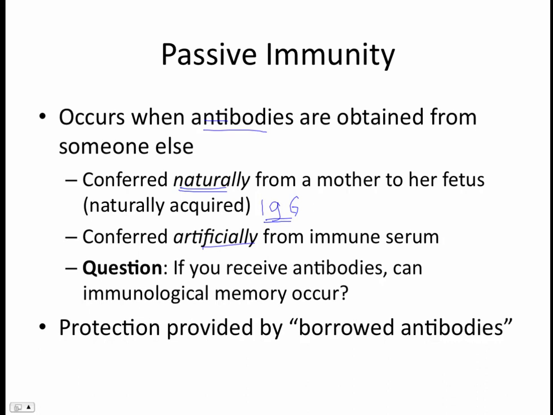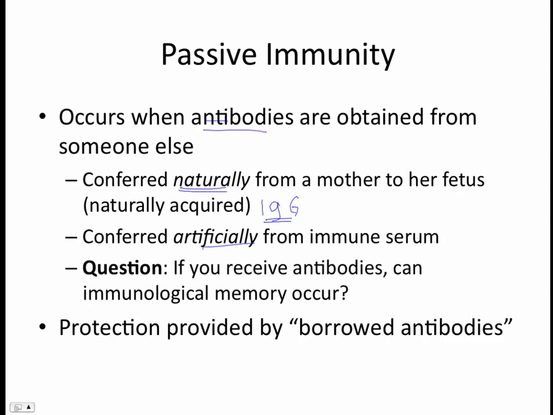So you can get it from rabbits: you can inject rabbits with antigens, extract their serum, isolate their antibodies, and inject those antibodies into your body. If anybody ever got a snake bite, you can also use antibodies that will bind to all that venom to counteract the reaction and prevent it from coagulating your blood.